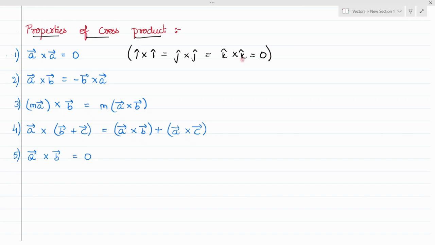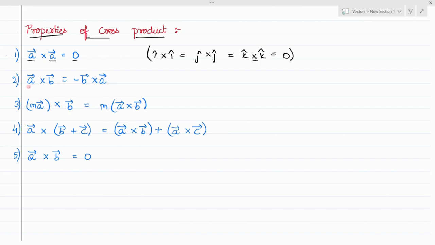Because here we are talking about vectors and using the cross operator, so the output is going to be a vector quantity, so direction comes into account. That's the reason it becomes 0 over here. Similarly, if we take two parallel vectors and cross multiply them, you will get 0 as the output.